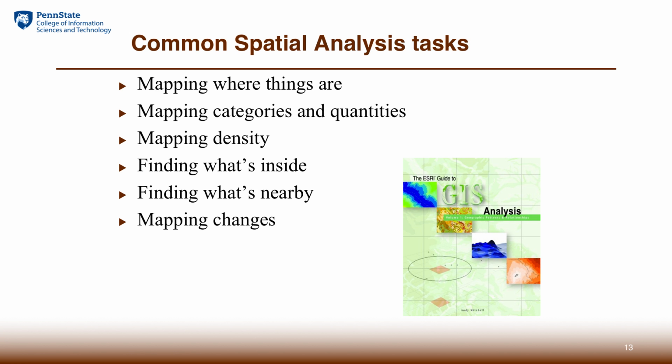This is one of the reasons we have chosen the second textbook, called the GIS Analysis Book. It covers probably six categories of analysis, and it has very detailed guides on how those analyses work and also relate to geographic information technology.